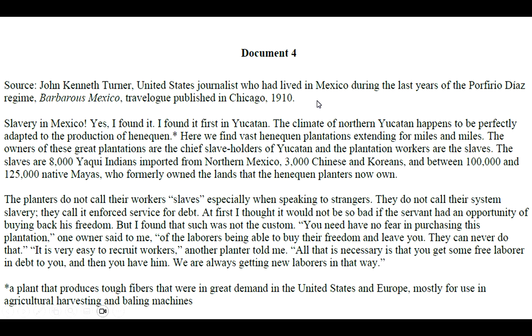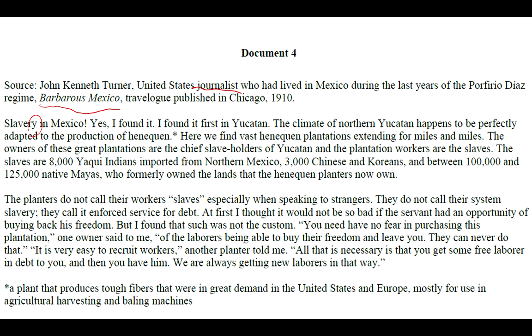All right, pause it, read it. So you've got an American journalist publishing in a book called Barbarous Mexico. So that's already a biased title, and he's talking about what he calls slavery.